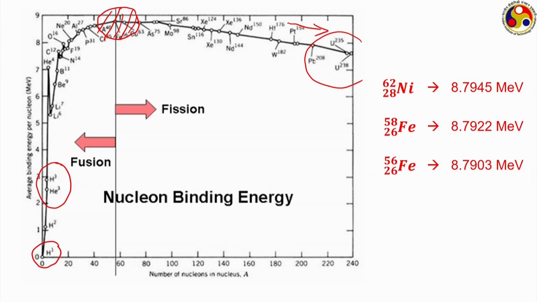Now, a nucleus which is heavier, that is something having a mass much higher than 60, the only way it can move towards that direction is by getting broken into two pieces. That means one heavier nucleus being broken into two smaller or lighter nuclei, so that each of the newly produced nuclei can have a mass number close to 60.